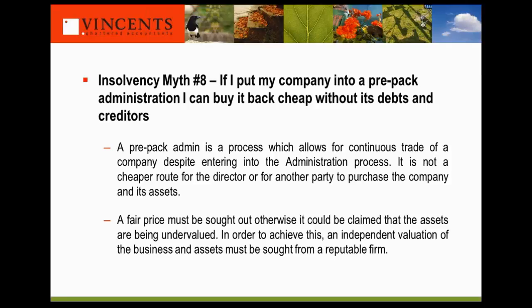The director sets up a new business, and through that new business buys back the assets, or buys the assets of their original business for a value, and continues to trade under the new business without all of the old debts and creditors.